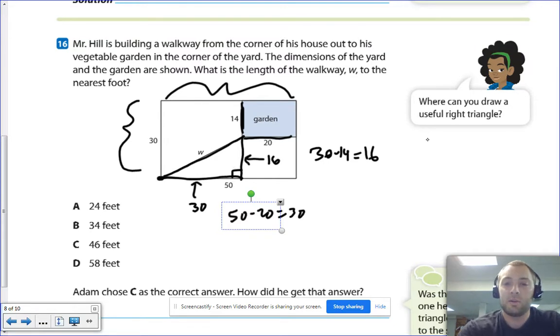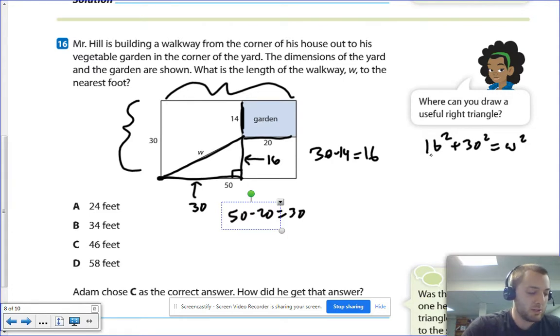Okay, so I'm going to take my Pythagorean theorem, 16 squared plus 30 squared, and I'm finding the hypotenuse, so that's W squared. And let's figure these out. 16 squared, we actually did in the last example, and I think it was 256. So 256. 30 squared I know because 3 times 3 is 9, so it would become 900 because there are 2 zeros.